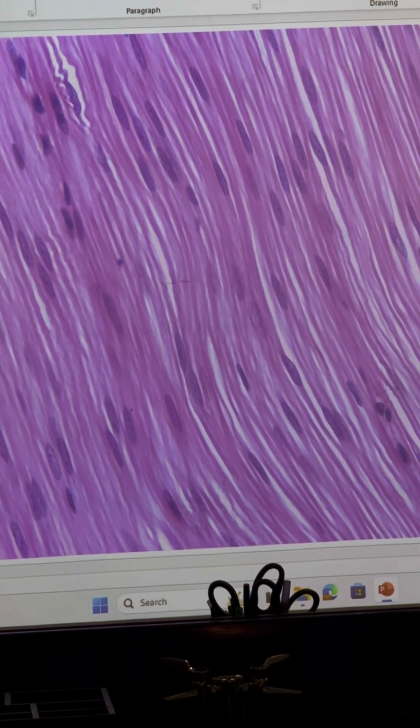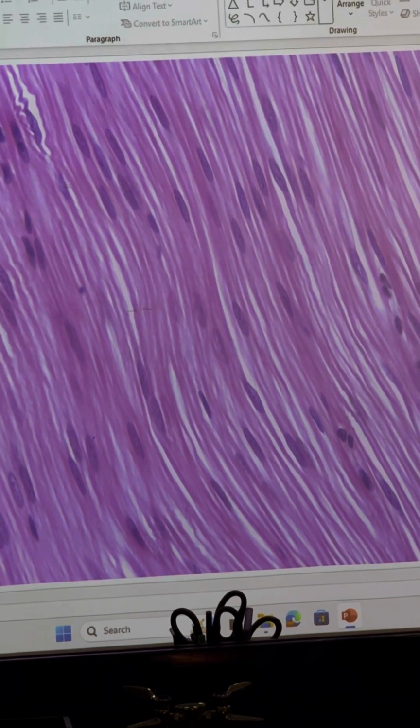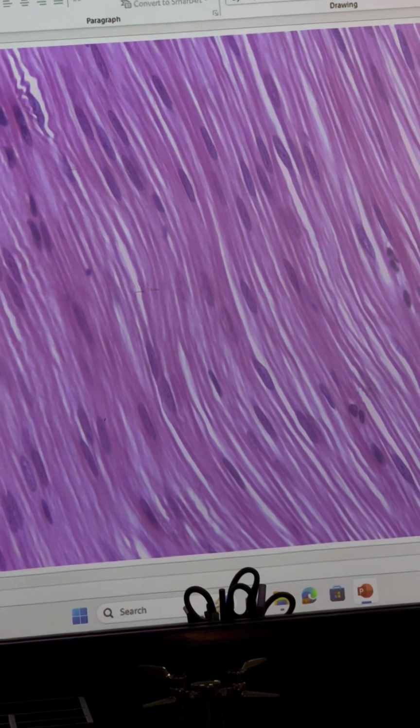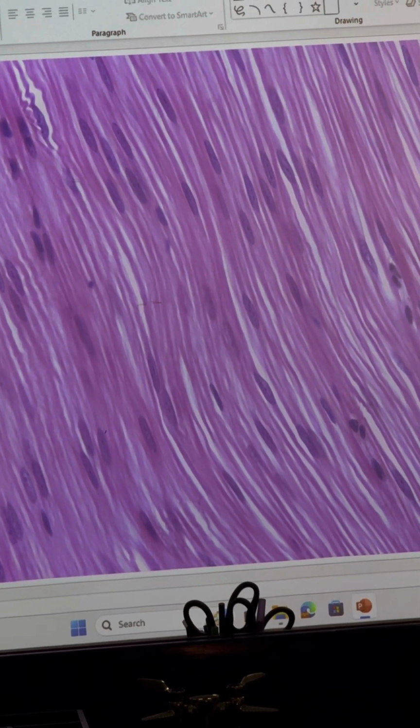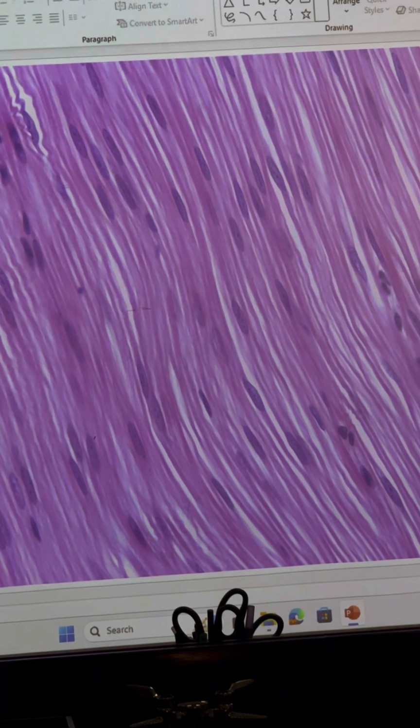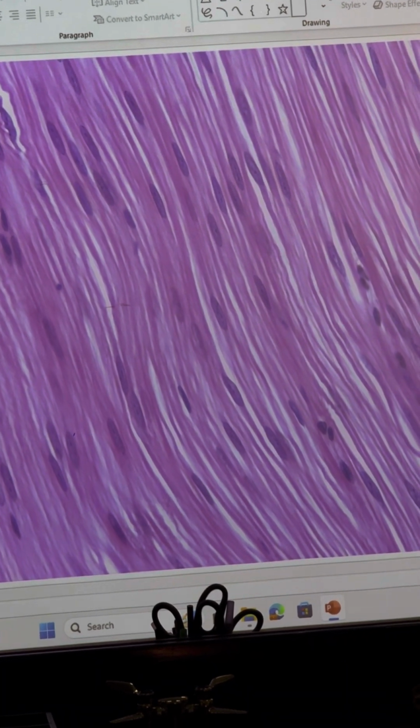This is smooth muscle. Where do we find it? It's really in the walls of hollow organs. So like the esophagus to push things through, the respiratory tubes, the reproductive tubes, the GI tubes. So it's in the walls. It pushes, propels things through hollow things.